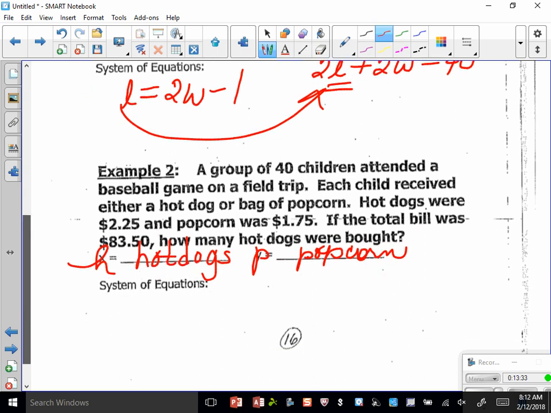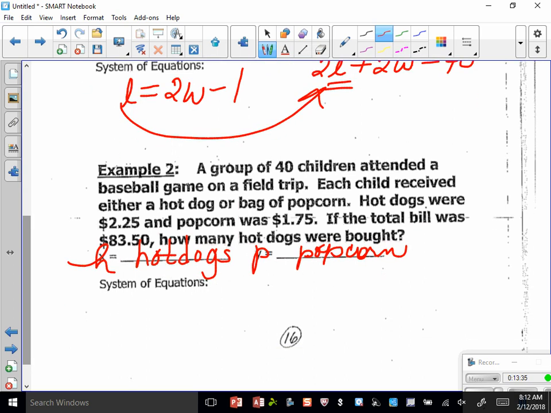Okay. So what was the cost of the hot dogs? $2.25. So let's do $2.25 H. And the popcorn was how much? Okay, so $1.75 P. And what was the total cost? $83.50.